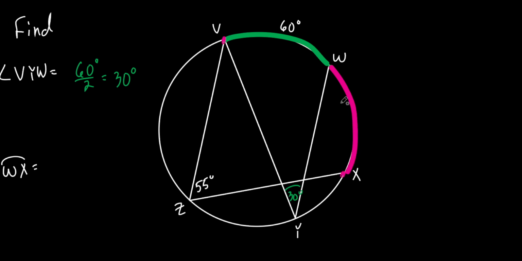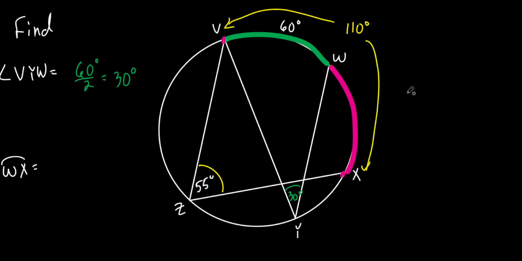Everybody see that? So what is this whole arc, the green one and the pink one together? Let's do it a different color. If this is 55, then what is that arc from V all the way to X? It's 110 degrees. But that's not what we're trying to find, is it? Because the 110 goes from there to there.